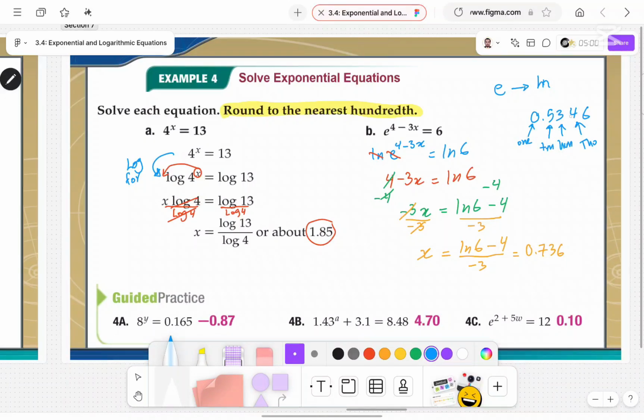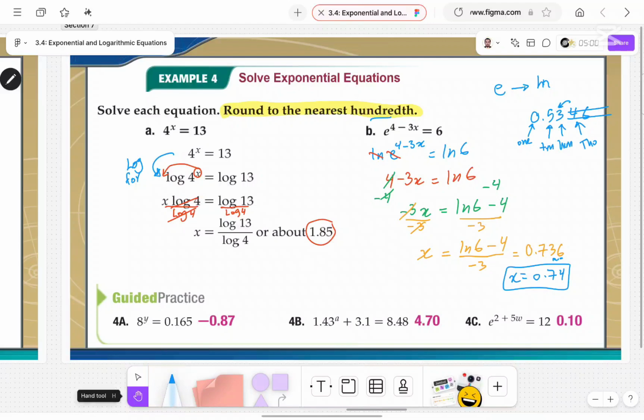So because it's saying round to the nearest 100th, we need to ignore all of these and round to this one, so we take only two numbers, and we can see that 6 can round the 3 to become 4, so the answer is equal to 0.74. So this is the final answer.